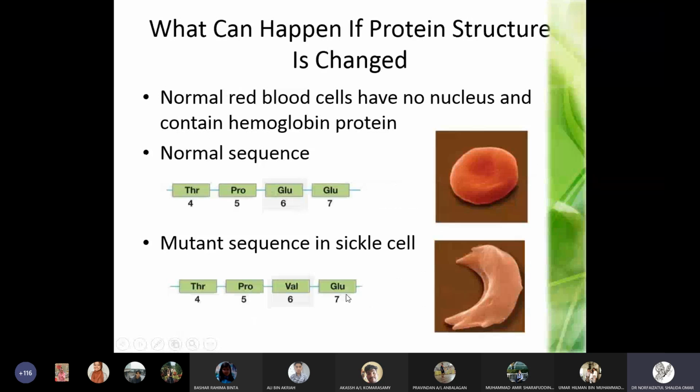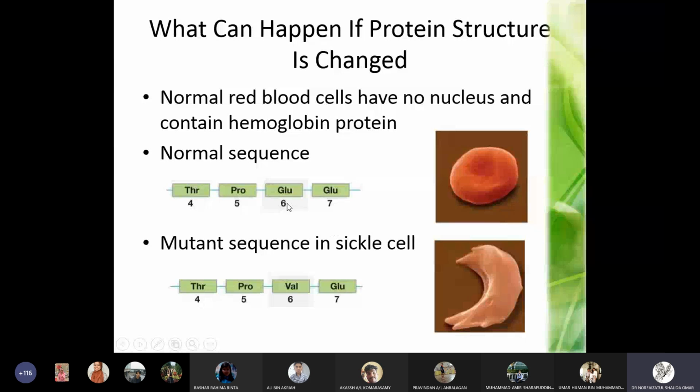Okay, what will happen if the protein structure is changed? All of your proteins, like I mentioned, mainly in our body have the tertiary and the quaternary structure. So what happens when these structures are changed? The example that I gave here is sickle cell anemia.